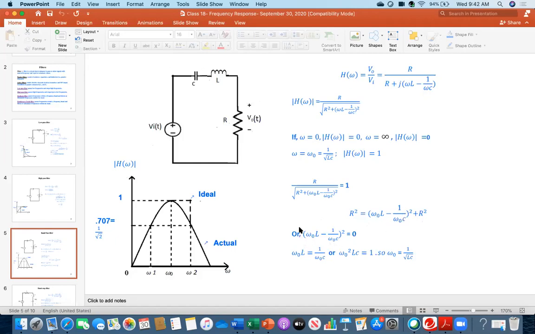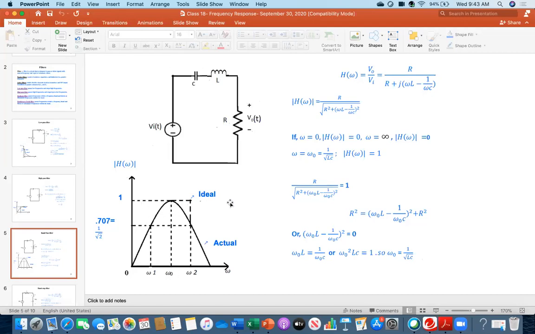After taking the root, you omit that 2, and ultimately you get omega naught is 1 over root over LC. So when it is 1 over root over LC, at that time the value is maximum. That's why this point is called the resonant frequency, when the value of the transfer function is the maximum.